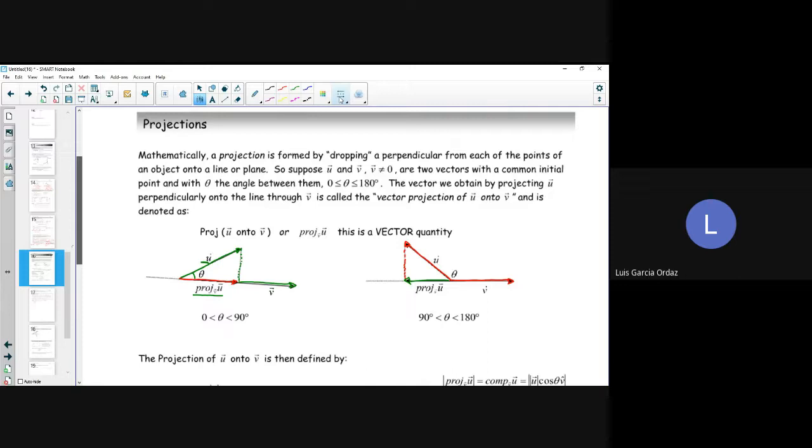What trig ratio? Let's see, what trig ratio in SOHCAHTOA has adjacent and hypotenuse? Cos. We're going to be associating this with cosine.